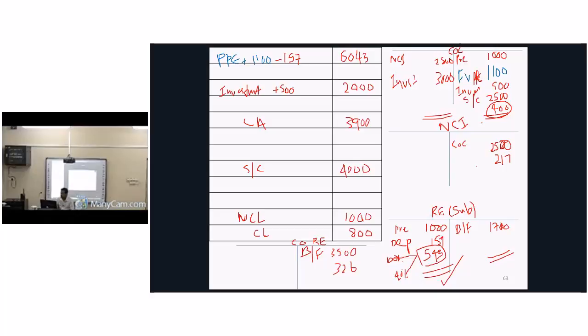Yeah, goodwill is 400. Yes, right. So now I will take goodwill into this. And NCI, before that, actually consolidated retained earnings.